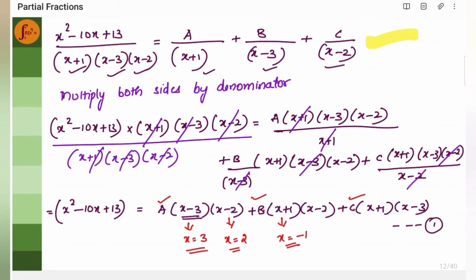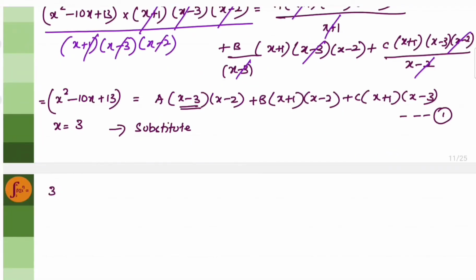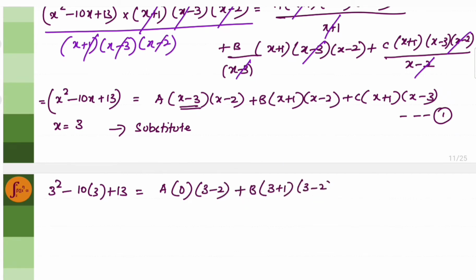Now let's substitute first one with x is equal to 3. You will get 3 square minus 10 into 3 plus 13 is equal to a into 0, because 3 minus 3 is 0, and 3 minus 2, plus b into 3 plus 1, 3 minus 2, plus c into 3 plus 1, 3 minus 3, right?